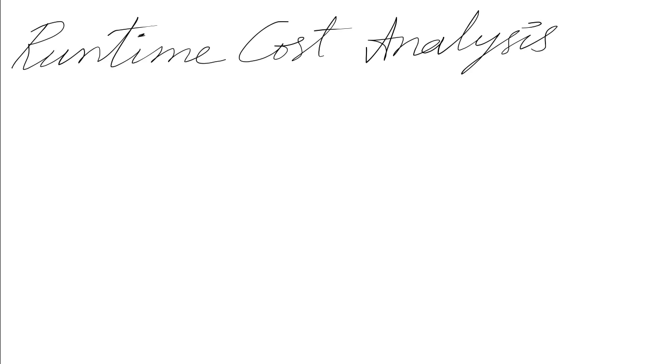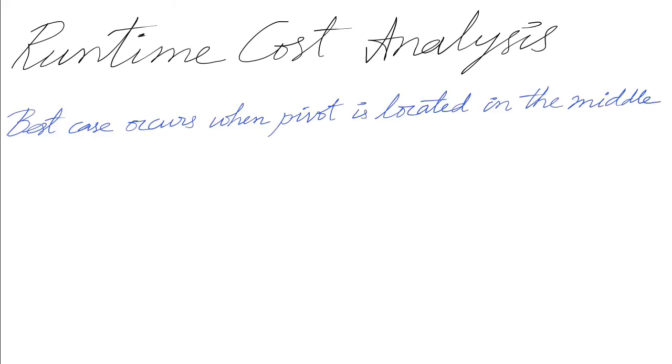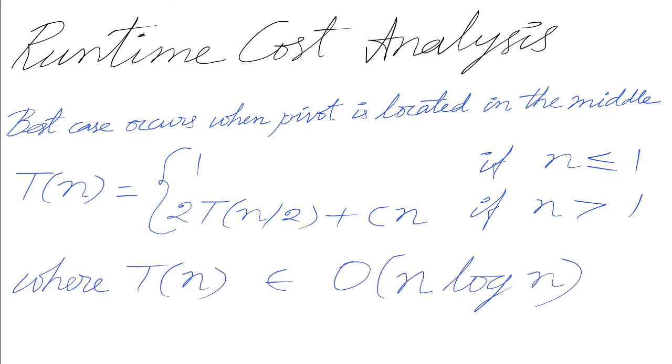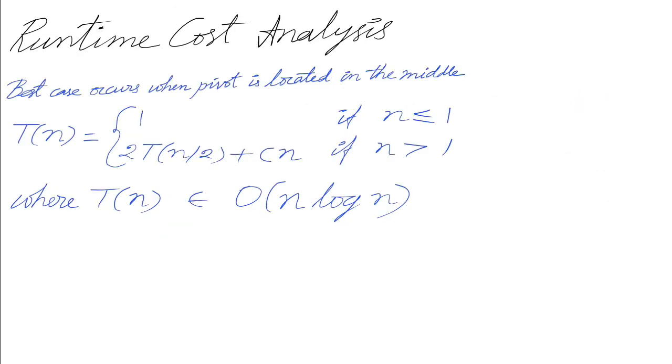Performance. Let's look at runtime cost analysis for the in-place quicksort. Best case occurs when the pivot is located in the middle, and the time complexity is given by this equation. You can recognize this as the time complexity function for O of n log n.